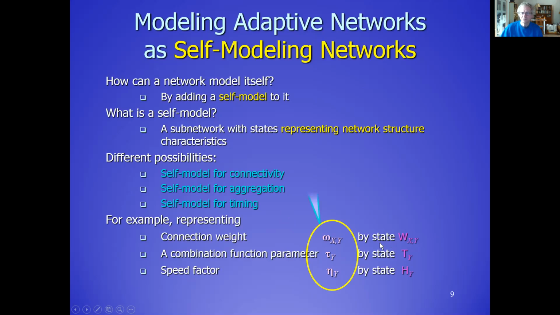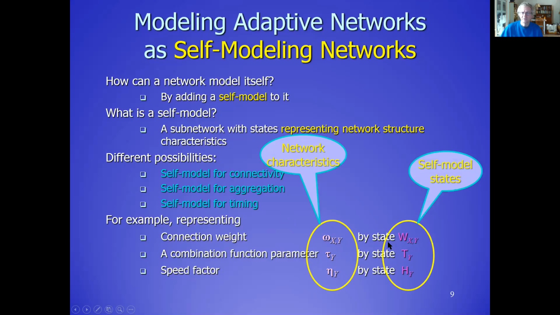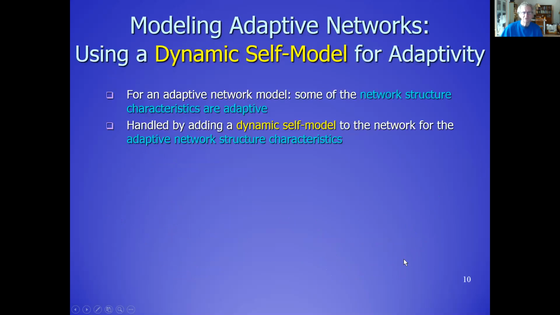Then you add a state for each of them, self-model states, so that they can be used in processing. Apparently these are parameters, and now we copy them to variables that can be used to make them dynamic. So that's the way an adaptive network is created.